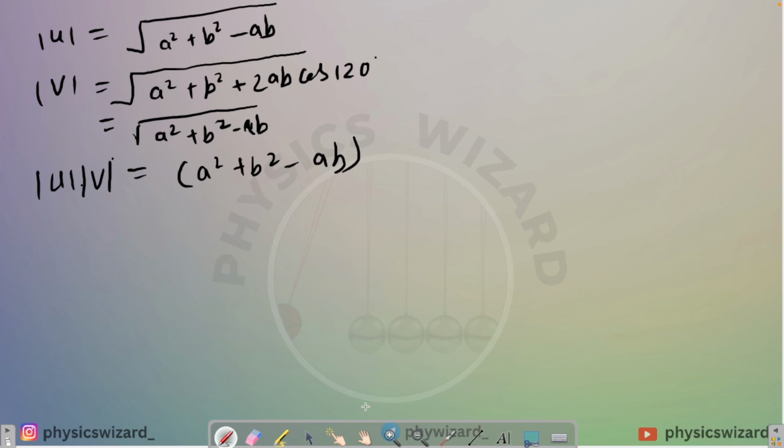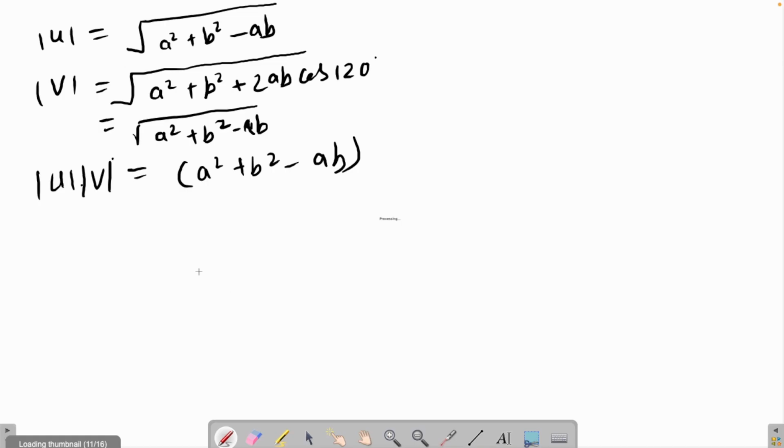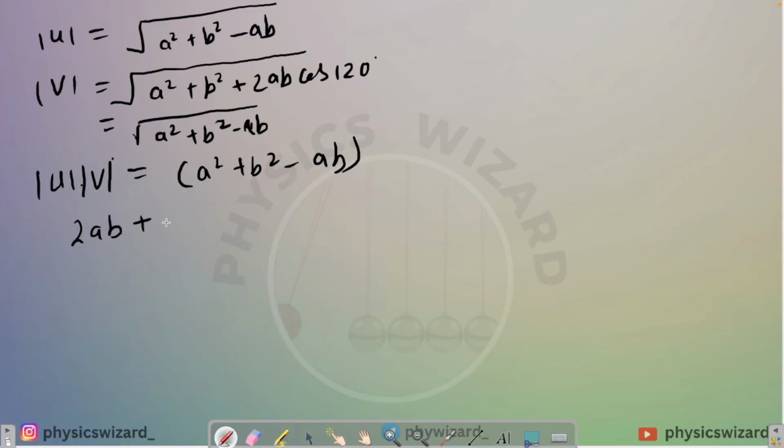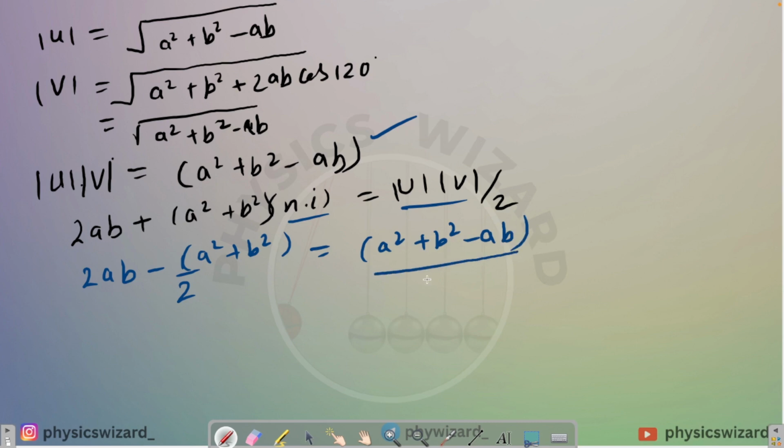So now let's see what happened. We have this equation. Let's write it on another page. 2ab plus a square plus b square n dot i equals uv by 2. Now 2ab, n dot i value is minus 1 by 2, and a square plus b square, and uv value is this, a square plus b square minus ab by 2.